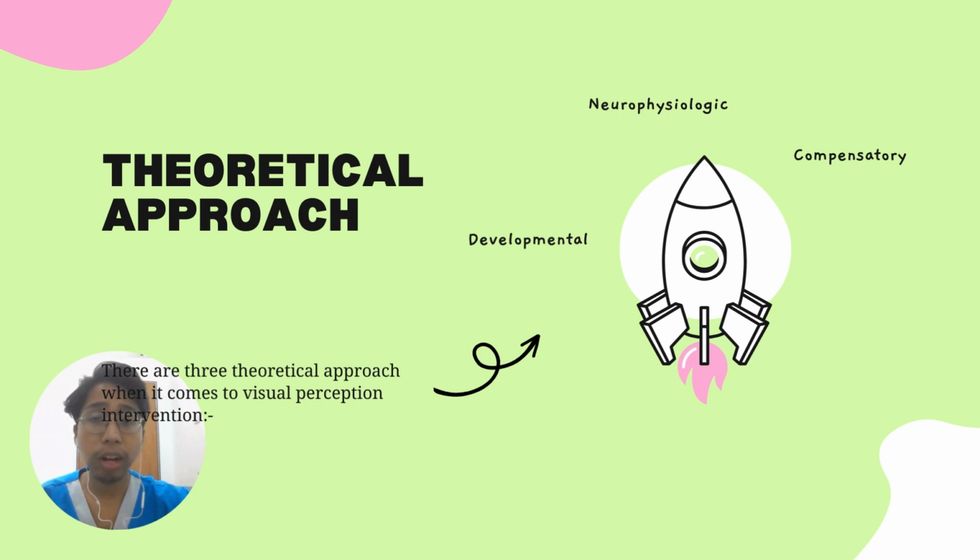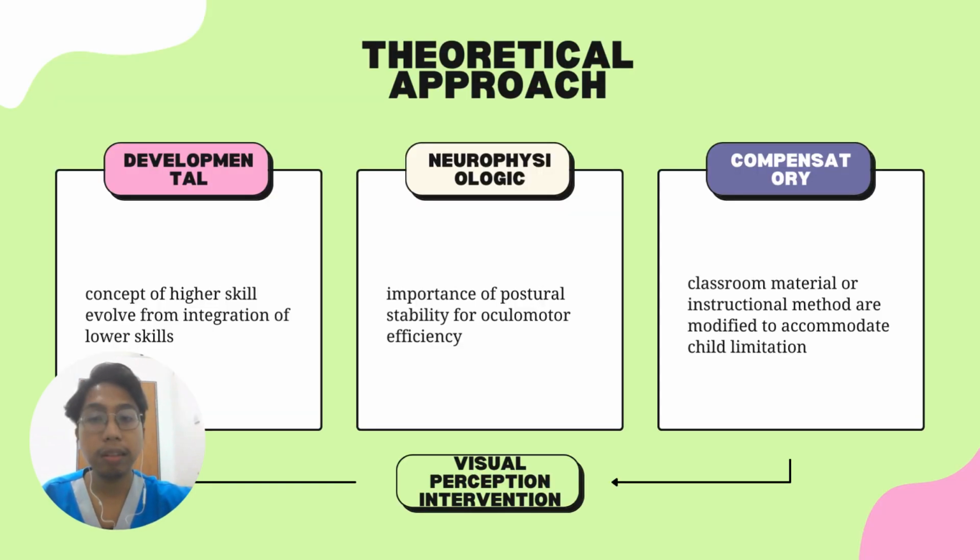So theoretical approach, there are three theoretical approaches that I want to talk about: developmental, neurophysiology, and compensatory. Let's start with developmental. The concept is that higher skills evolve from the integration of lower skills. For example, when we have lower skills such as feeling objects and feeling shapes, they can evolve into a higher skill, which is adaptation.